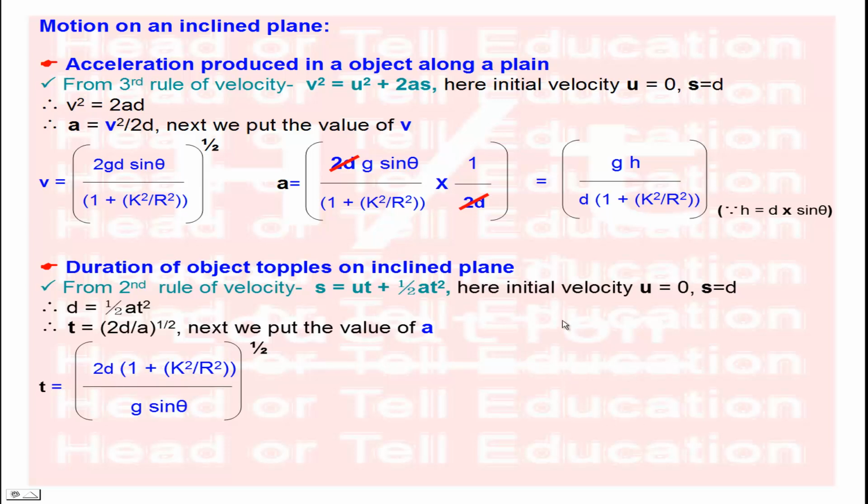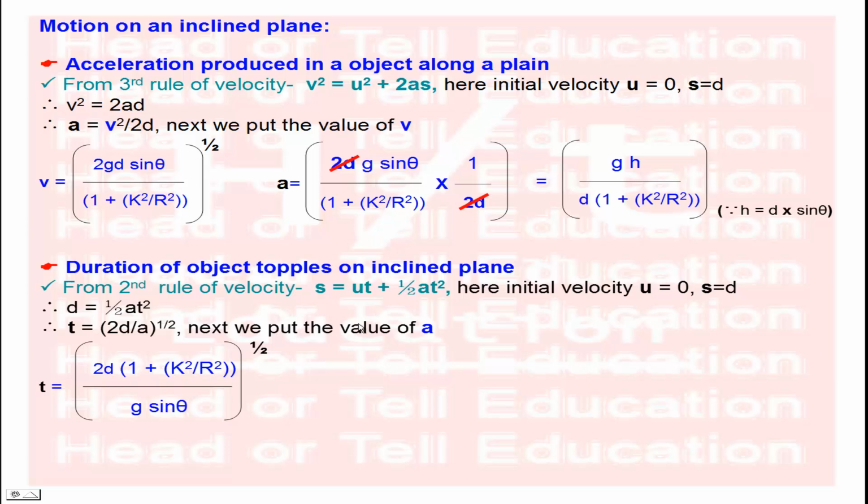Here the initial velocity u equals 0, because the object starts at rest on top of the plane, and the distance from top to bottom is s equals d. So u is 0, which means this term is 0. After that, d equals half at square, so time t equals the square root of 2d by a.